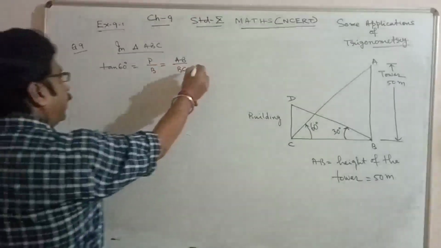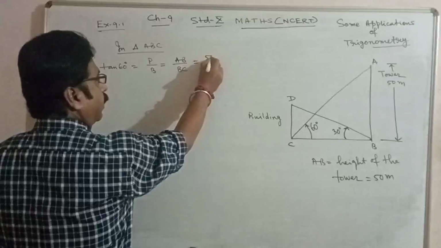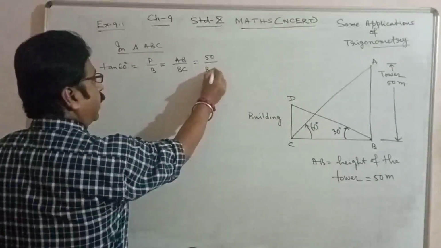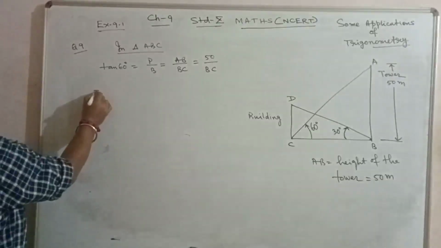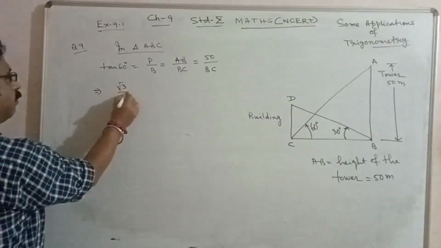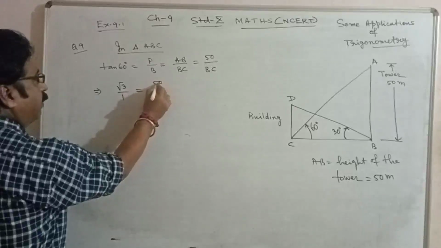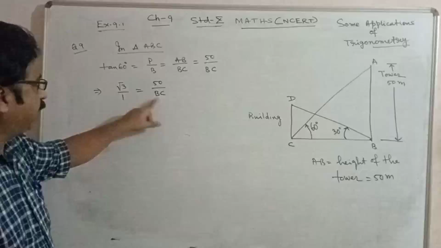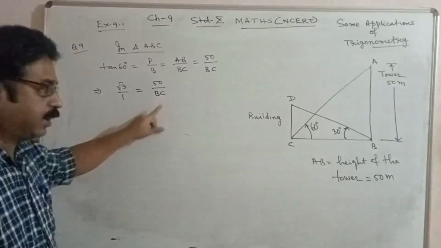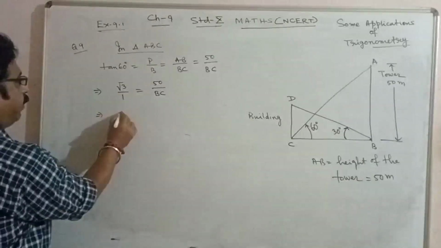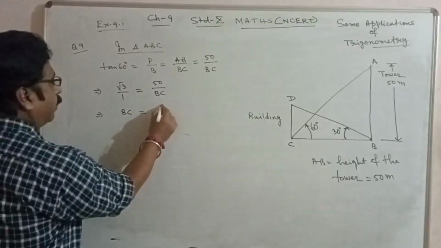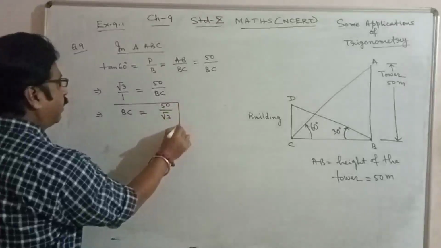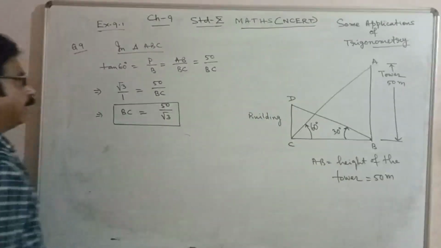Then in place of AB we can write 50 upon BC. Tan 60 means root 3. We can write root 3 upon 1. 50 upon BC. Then we can shift BC here and root 3 here. It will be BC equals to 50 upon root 3. This result we got for BC.